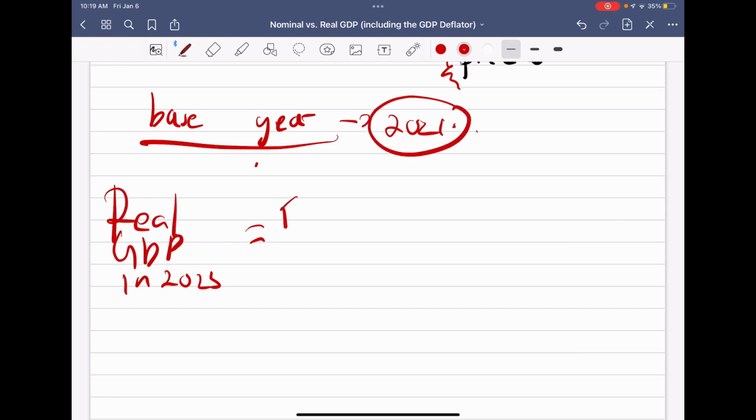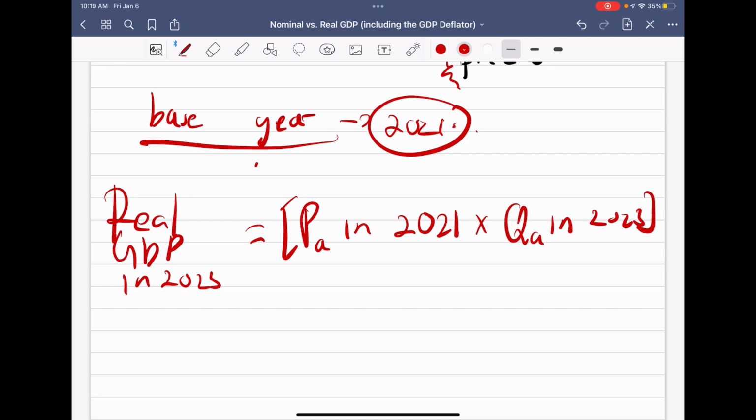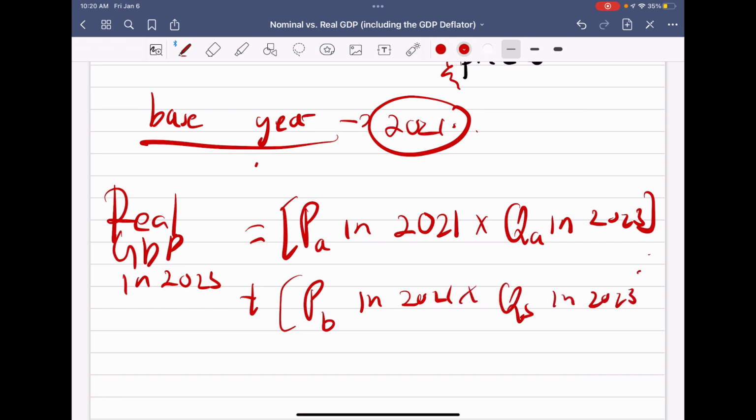So if we choose the prices in 2021, then we simply plug it all in: the price of A in 2021 multiplied by the quantity of A in 2023, plus the price of B in 2021 multiplied by the quantity of B in 2023.